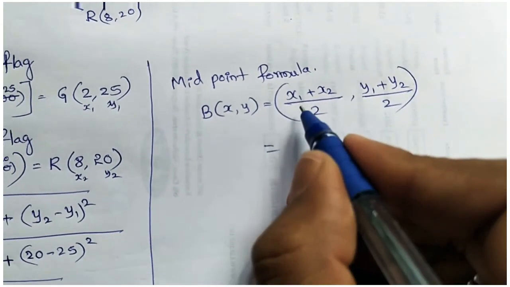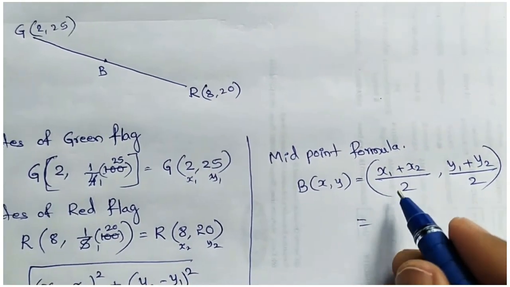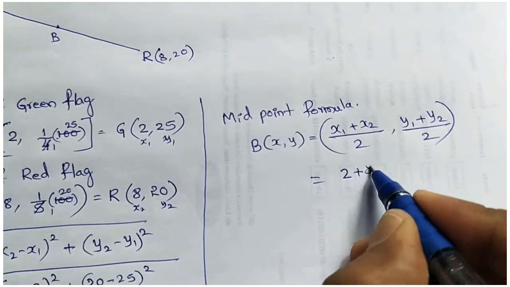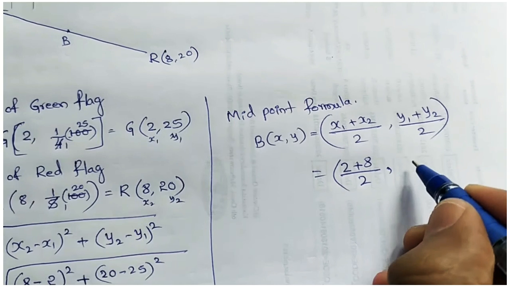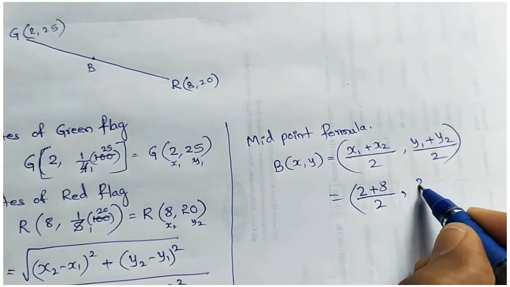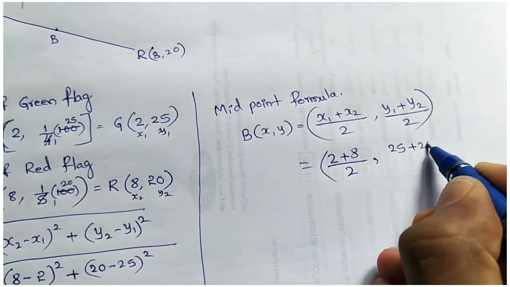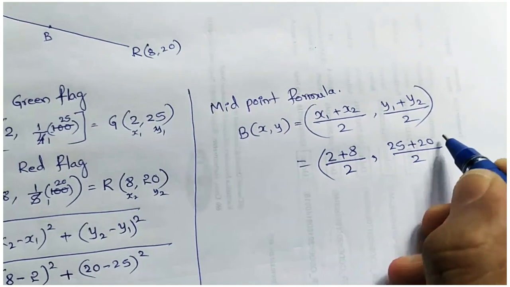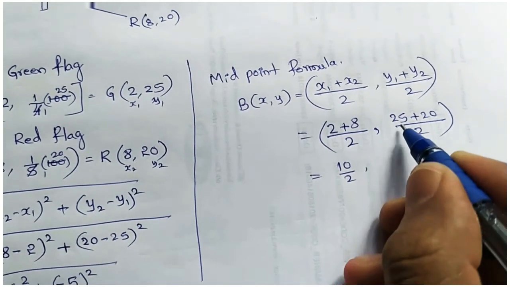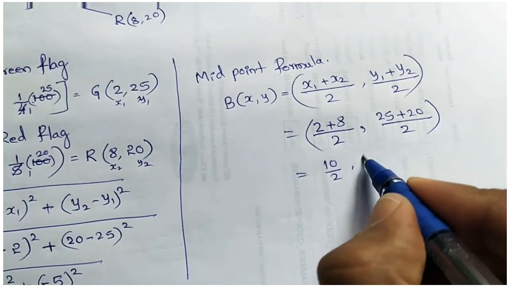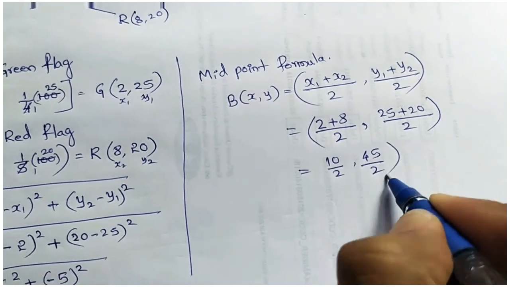So what is x1? x1 is 2 plus 8, x2 is 8, divided by 2. y1 is how much? 25 plus 20. So here we will get 2 plus 8, 10 by 2, and 25 plus 20, 45 by 2.